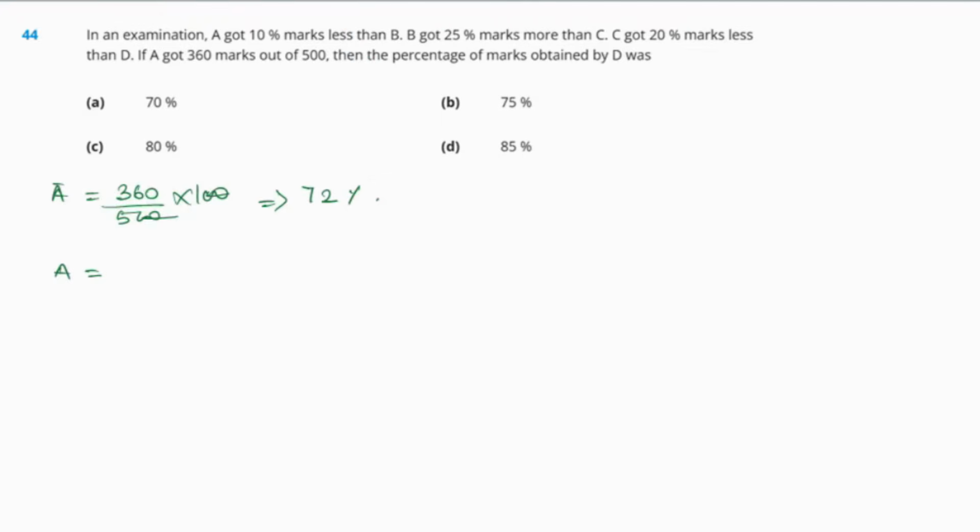But since A got 10% less than B, which means A is 90% of B, whatever B has gained, A is 90% of B only.